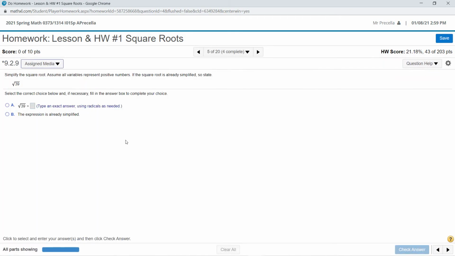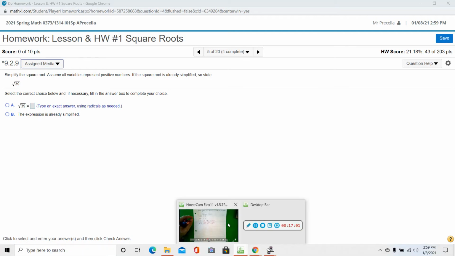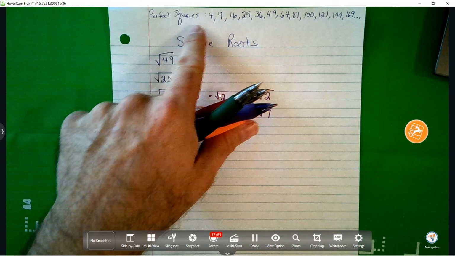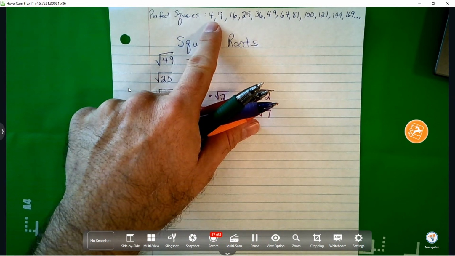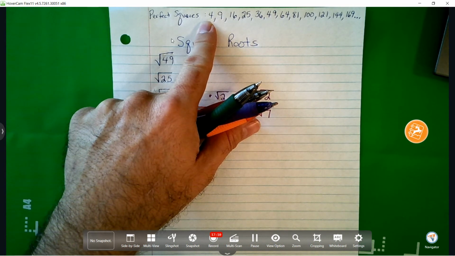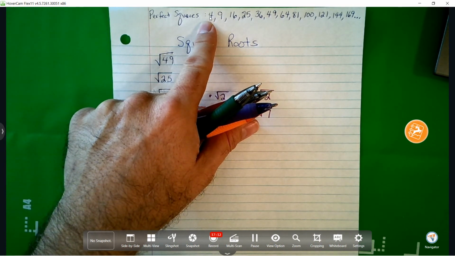So let's move on to problem 5. The square root of 39. Simplify the square root. Assume all variables represent positive numbers. Well, 39 is certainly not a perfect square. Okay, remember our list of perfect squares? Here they are. 39 is not a perfect square. Do any of these numbers divide evenly into 39? 4 doesn't divide evenly into 39.